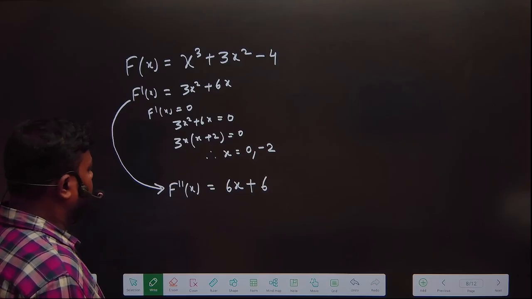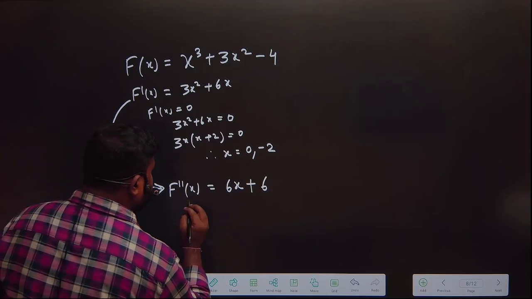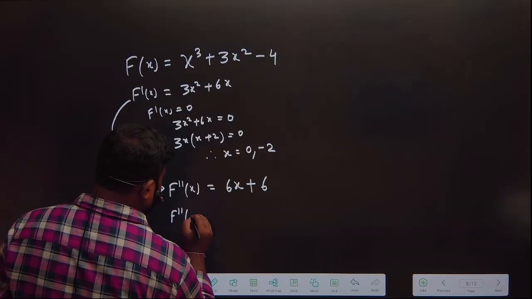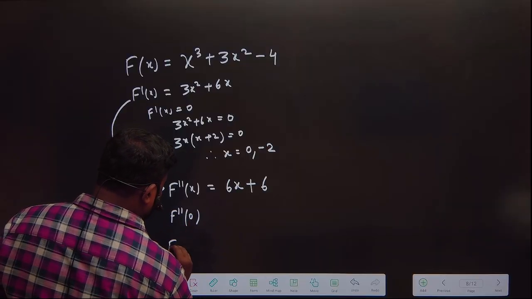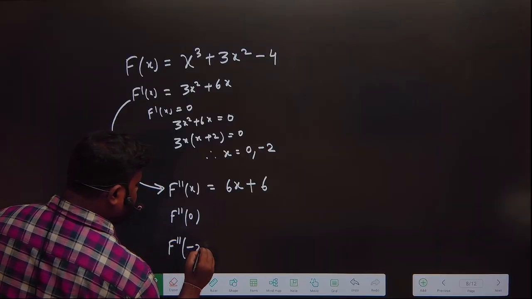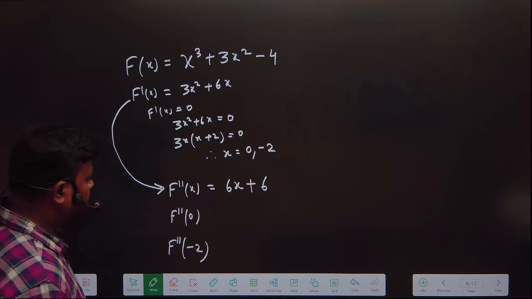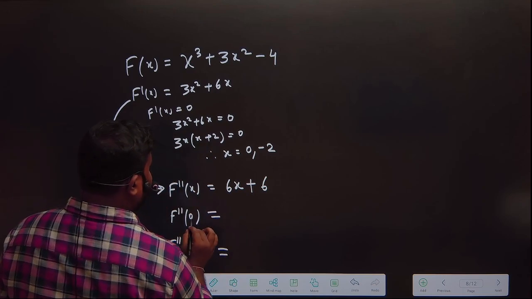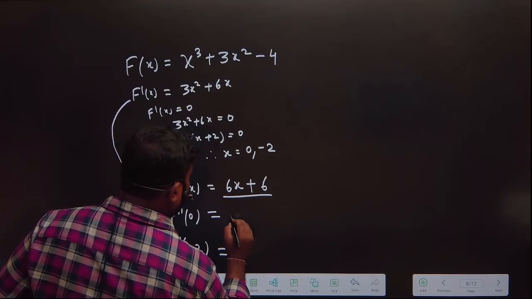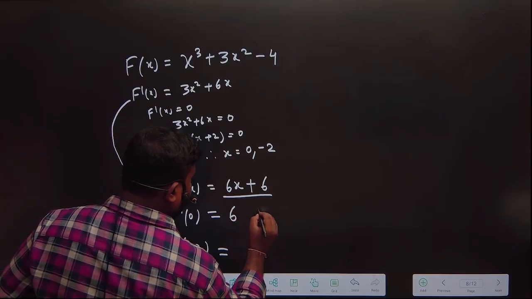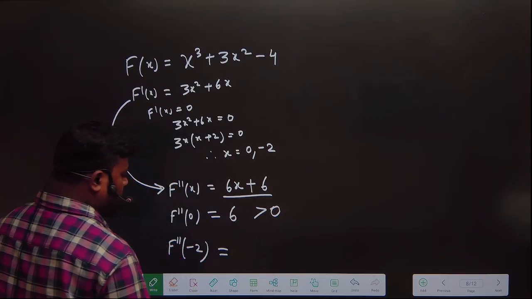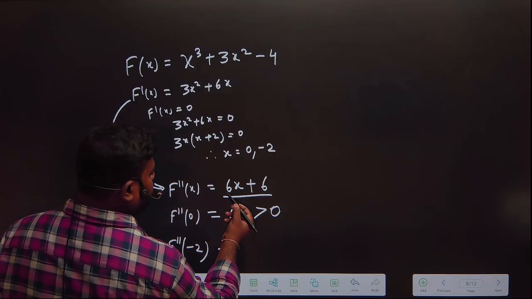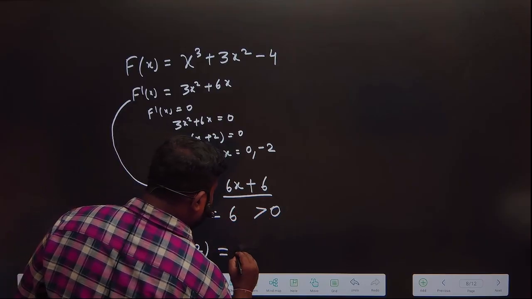Now what we have to do? Just put the values here, f double dash 0, and find f double dash of minus 2. F double dash 0, when we put, we got 6, that is greater than 0. And when we put the value of minus 2, it becomes minus 12 plus 6, that is minus 6.